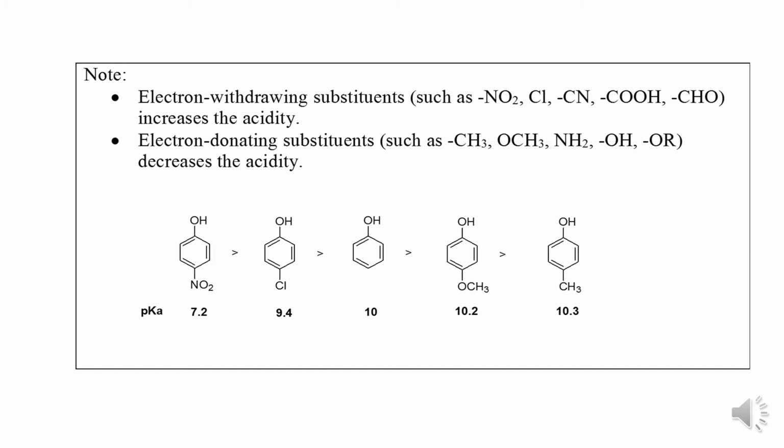With the help of this statement, more acidic compounds have been identified. Electron withdrawing substituents increase the acidity, such as nitro group, Cl, CN, COOH, and CHO.